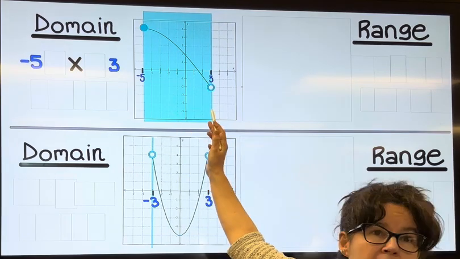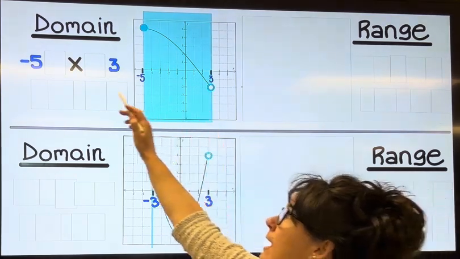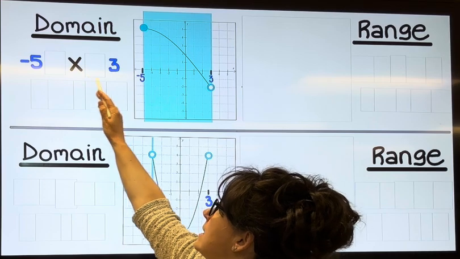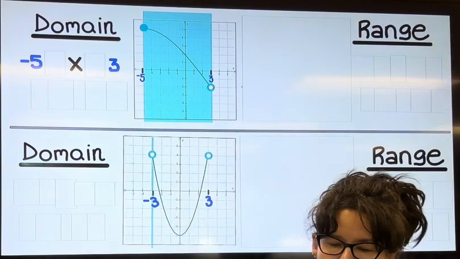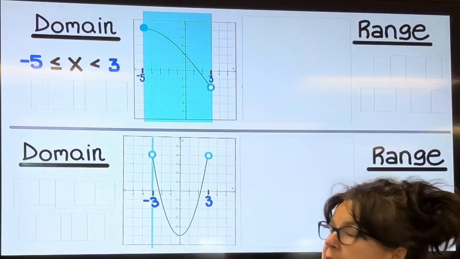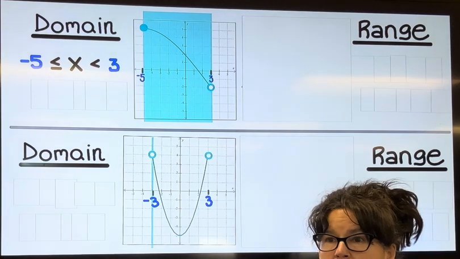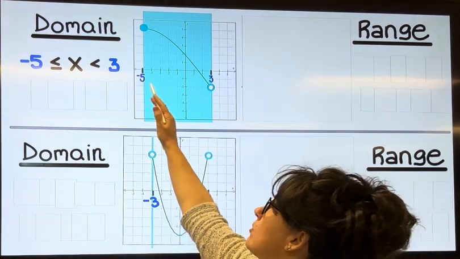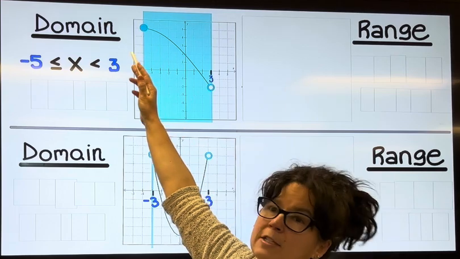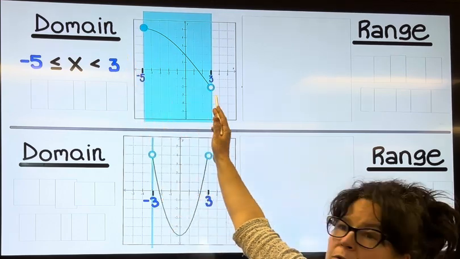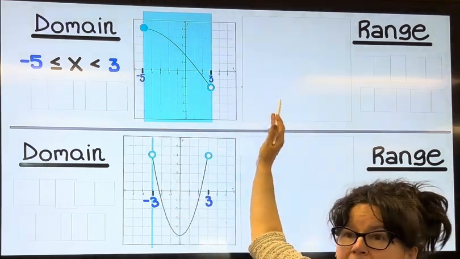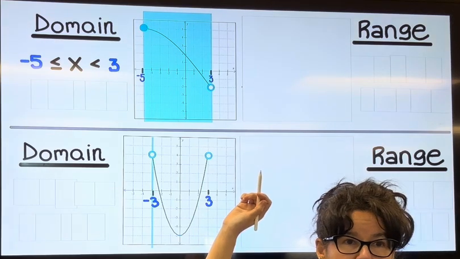Notice they're coming off the x-axis. My x is bigger than or equal to -5, but smaller than 3. -5 is as far left as I can go, and 3 is as far right as I can go and stay on the graph.